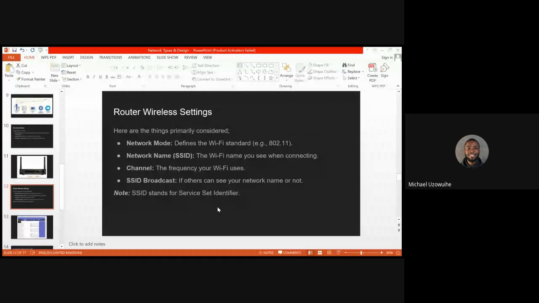But if you put it off, other devices have to know the username, that's the SSID, and the password to connect. If you put it on, they will see your name, click on it, and then enter your password if you set one. These are the major settings of the wireless router for giving connectivity to wireless devices.